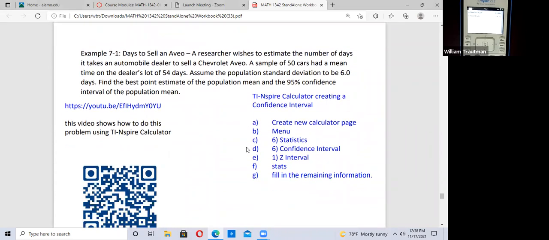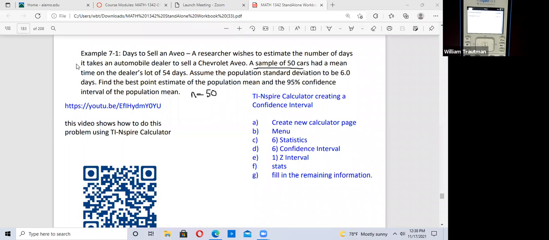All right, so now we're going to do the actual confidence interval here. These are the steps we're going to be taking. Finding a confidence interval. Let's write down all the data we need. It says a sample of 50 cars, N equals 50, has a mean time on the lot.